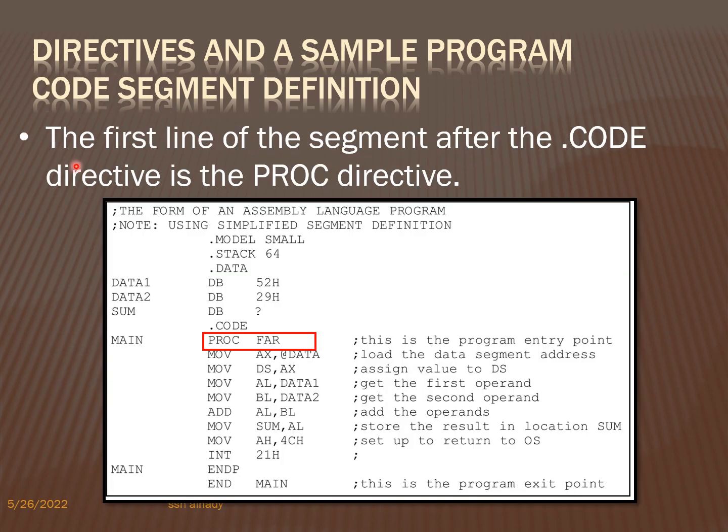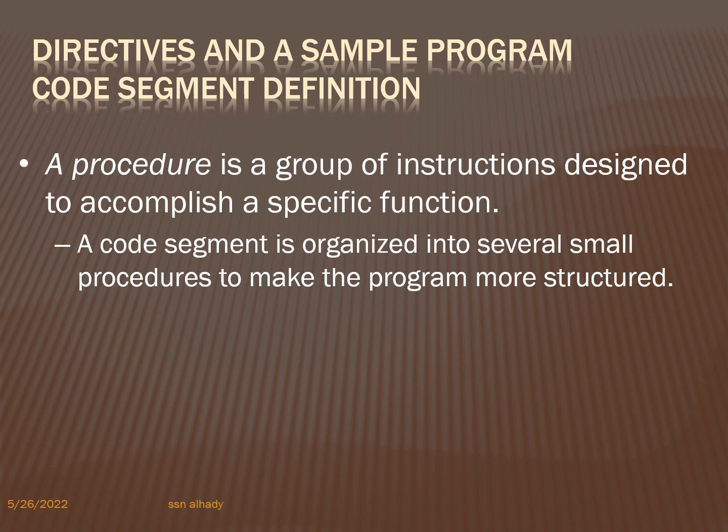Then we look at the first line of the segment after the code segment. After the .code directive is a proc directive. What do we mean by proc? Proc means a procedure, which is a group of instructions designed to accomplish a specific function. A code segment is organized into several small procedures to make the program more structured.